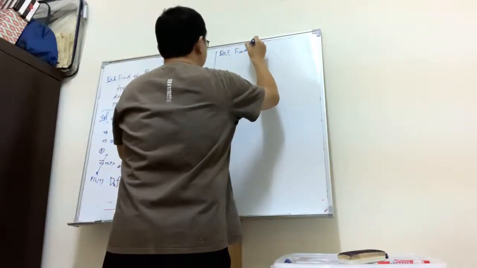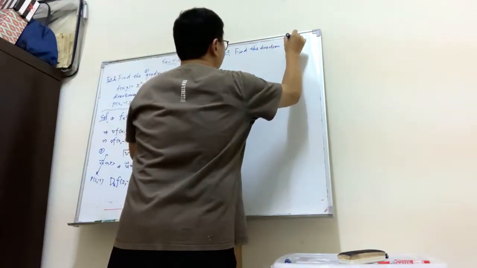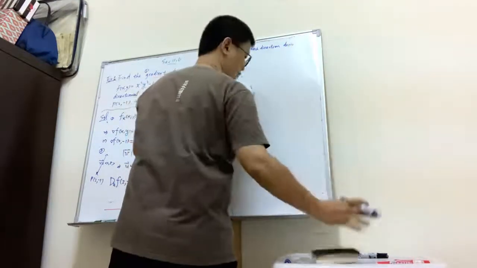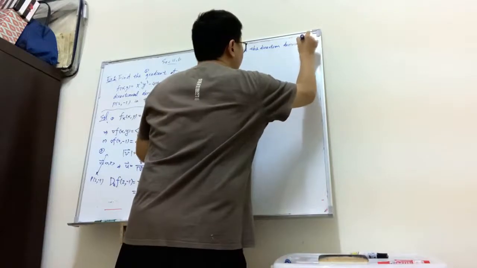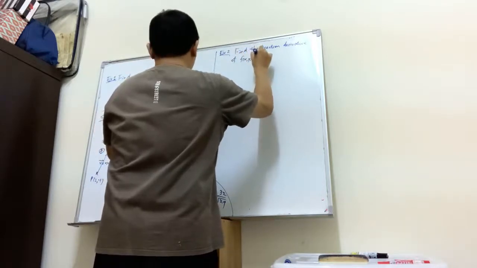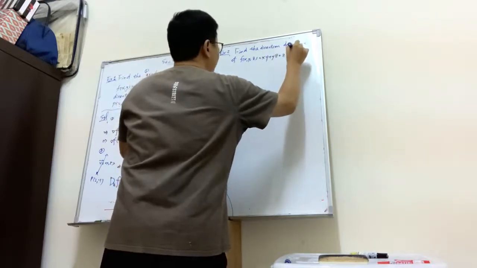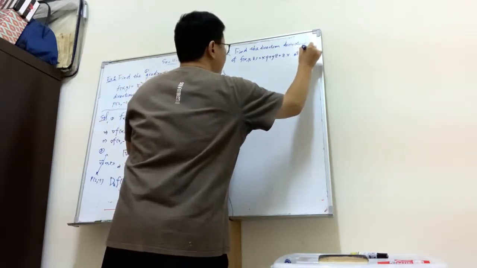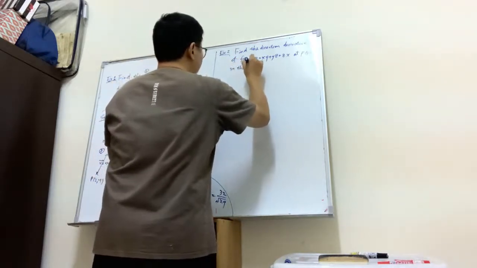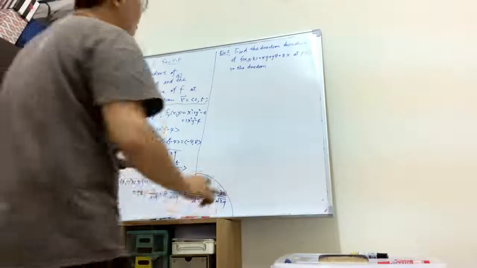So find the directional derivative of f(x, y, z) equals xy plus yz plus ez, at the point P (1, negative 1, 3) in the direction. Do you see that? Okay.